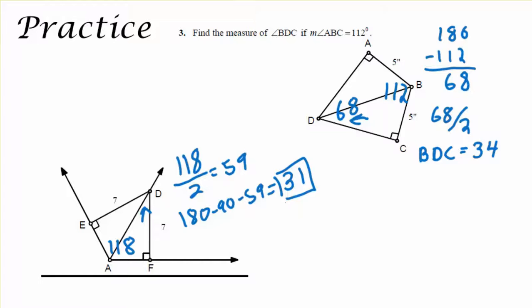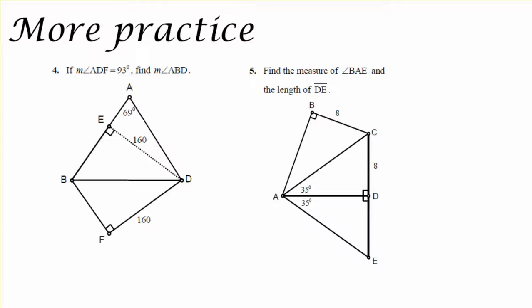degrees. Now let's continue to do more practice problems so that we can apply a variety of all the principles that we've already investigated. In number 4, I know that ADF is 93. This whole angle with 3 smaller angles is 93, and I want to find ABD, so the angle all the way on the other side.